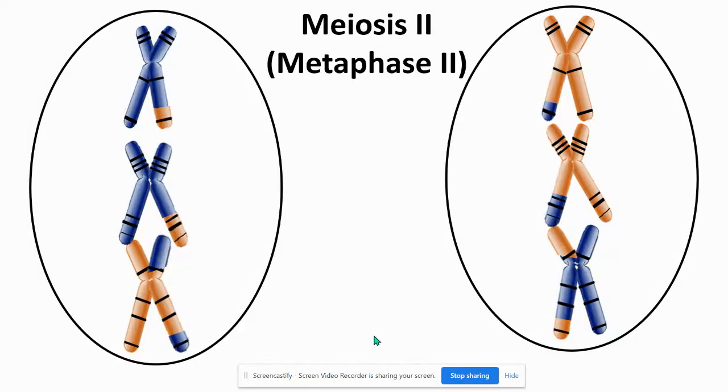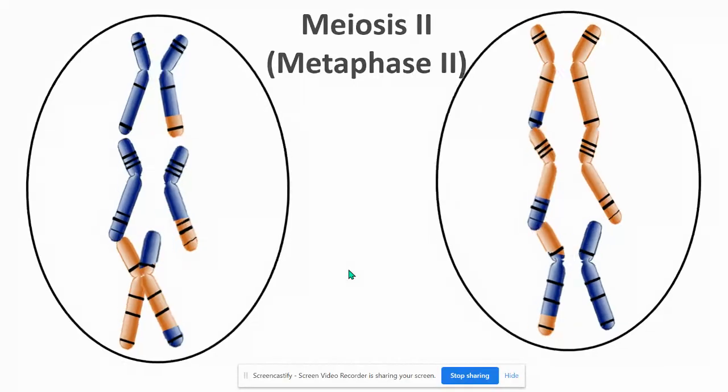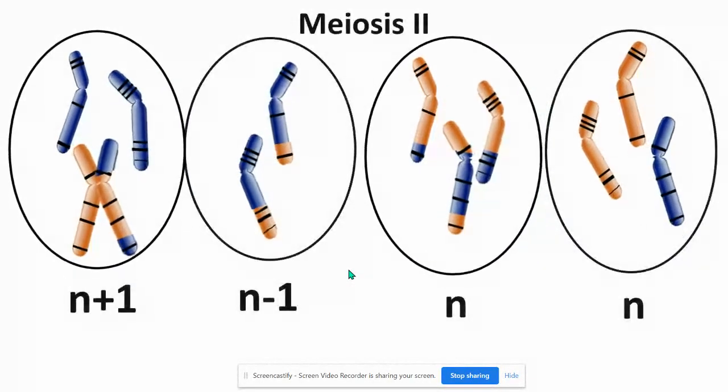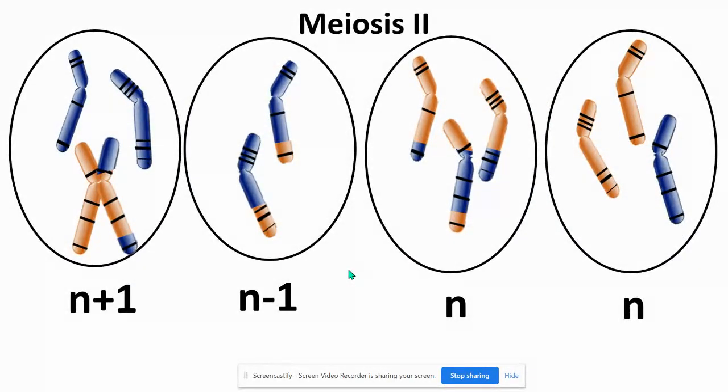So here we have metaphase 2, where the duplicated chromosomes line up along the middle of the cell. Now, I want you to watch this bottom left cell. Here, sister chromatids fail to separate during anaphase 2. So then as meiosis finishes, half the gametes have an abnormal number of chromosomes, where the other half are fine.